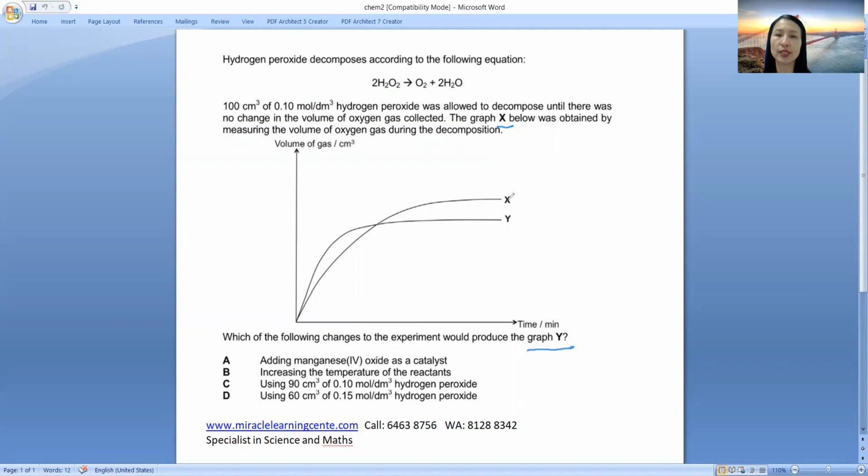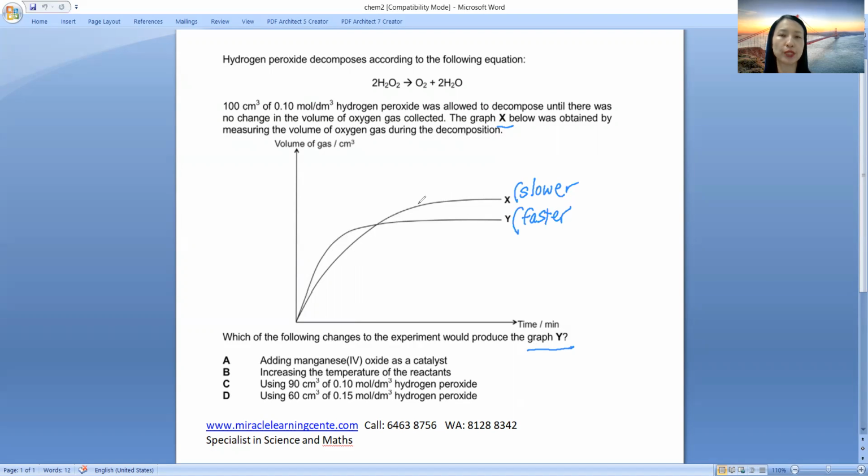First, you need to find out what is the difference between X and Y. Which graph is faster? X is faster or Y is faster? Y is faster because it is steeper. So we see that X is slower because the gradient is not as steep. But which one produces more products?